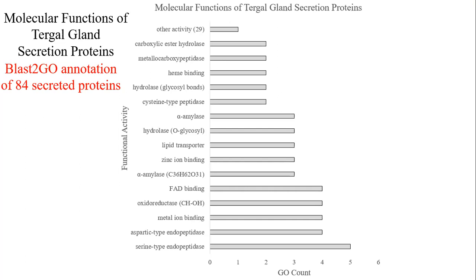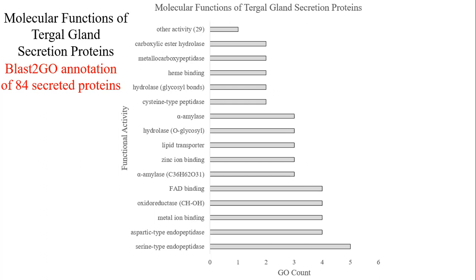The most common function was serine type endopeptidase activity. So essentially, a lot of the proteins found in the secretions break down proteins. Aspartic type endopeptidase was also a very common activity. So essentially the Tergal secretions contain a lot of proteins that break down other proteins.